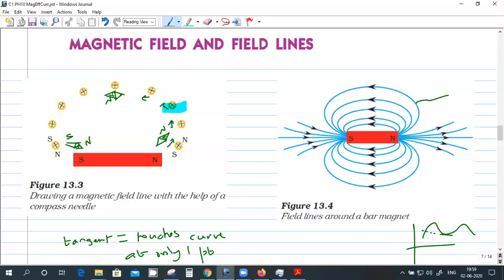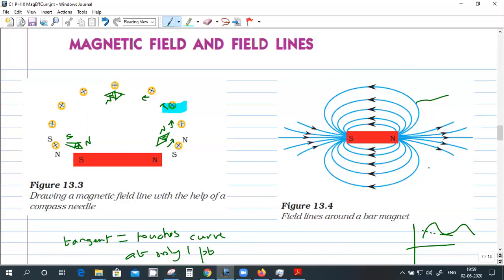That is just by convention. I can also take the right hand side as negative and the left hand side as positive, but that will be unnecessarily confusing because everyone takes the right hand side as positive. Similarly, you take the direction of the north pole as the direction of the arrow. It's a convention and you stick to it consistently.